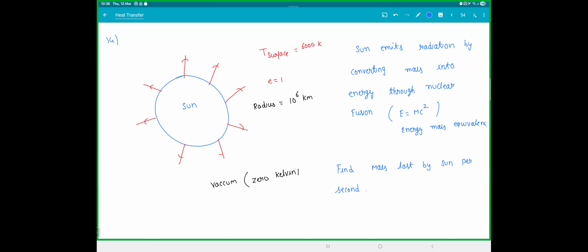If you're emitting energy, it should come from somewhere. So the only way that is coming is mass is becoming energy. E is equal to mc square. C is the speed of light. So the question is, how much mass is the sun losing every second? Finish off.